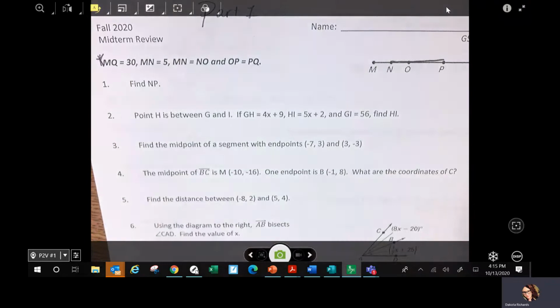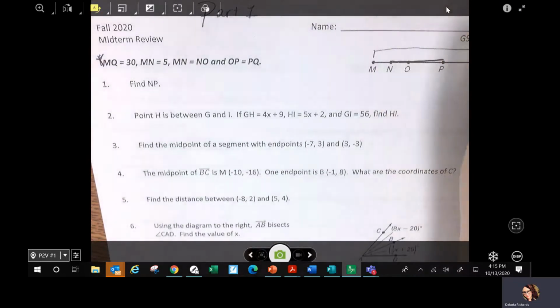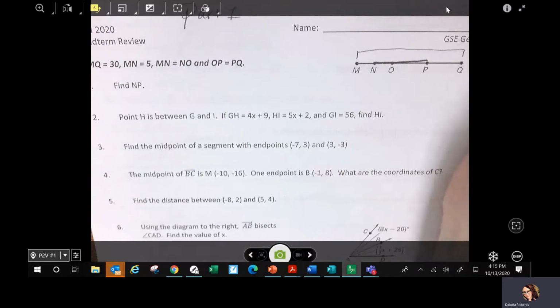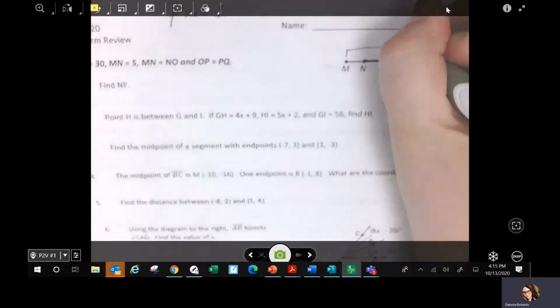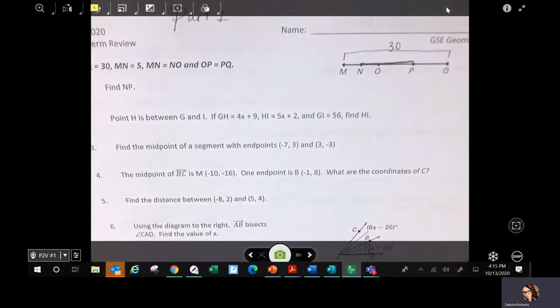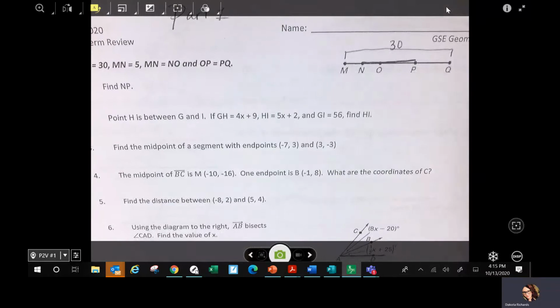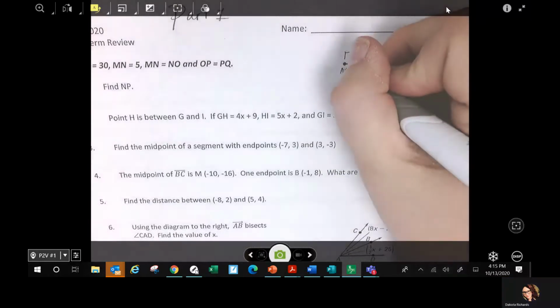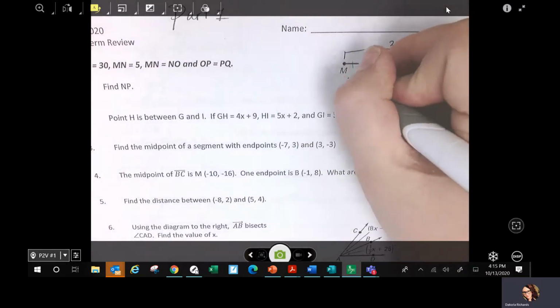So it says MQ, from M to Q, that is going to be 30 units. And then from M to N, that is 5 units.